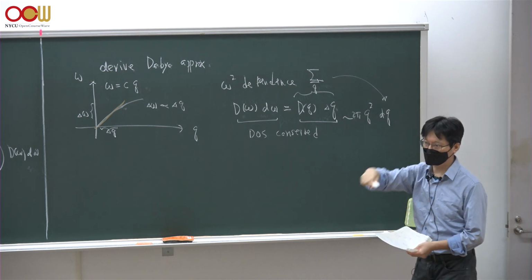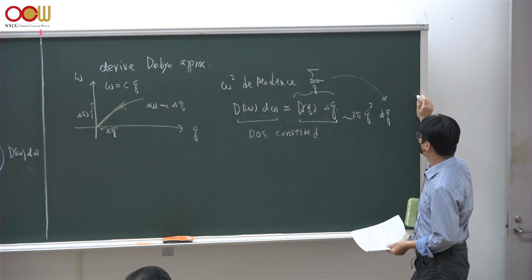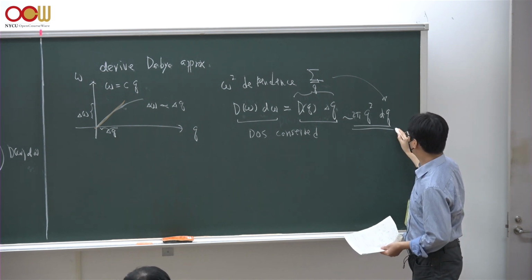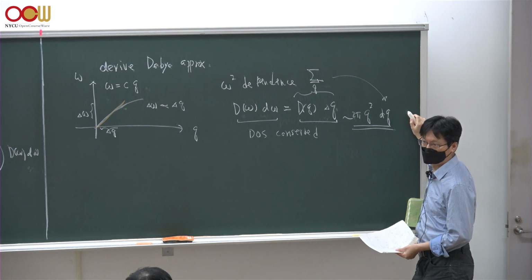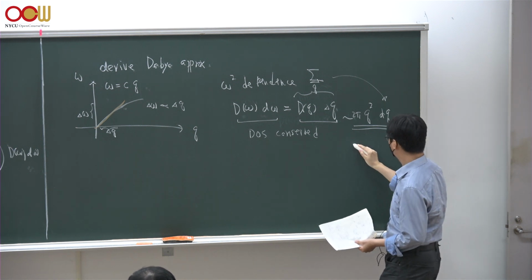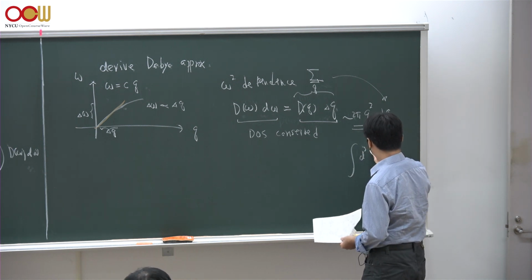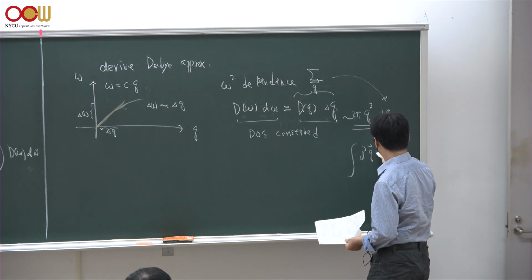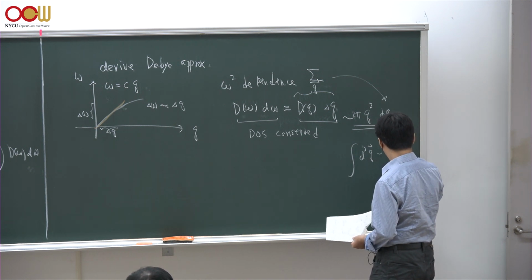So for an isotropic Brillouin zone, you could very easily see that this is Q squared dq, because you integrate over the three-dimensional Q vector, which is 2 pi Q squared dq, right?